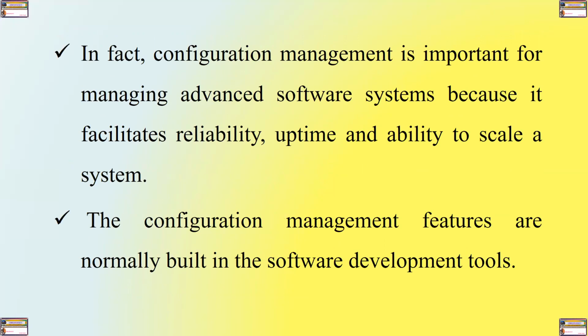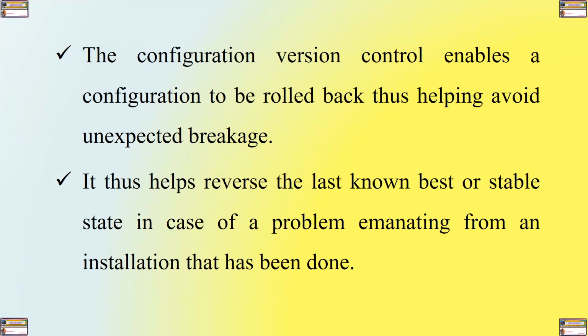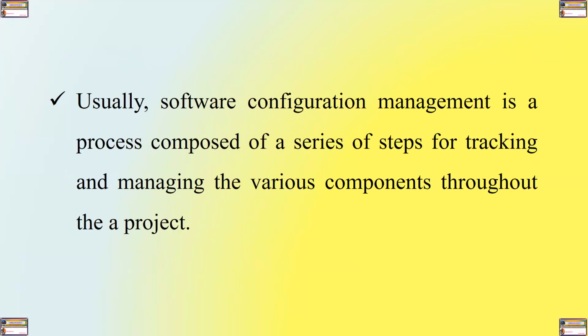The configuration management features are normally built in the software development tools. The configuration version control enables a configuration to be rolled back, thus helping avoid unexpected breakage. It thus helps revert to the last known best or stable state in case of a problem emanating from installation that has been done. Usually, software configuration management is a process composed of a series of steps for tracking and managing the various components throughout a project.